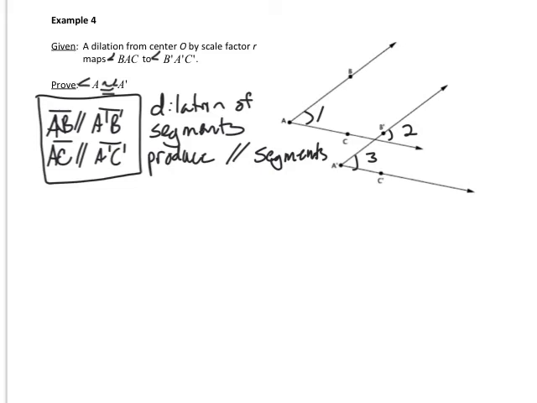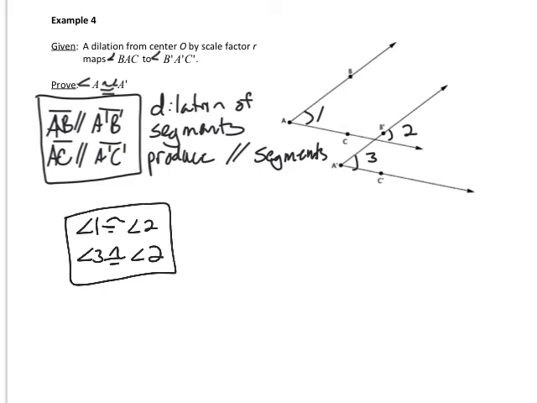So angle 1 is congruent to angle 2, and angle 3 is congruent to angle 2. I'm arrowing that because my parallel leads to that statement.